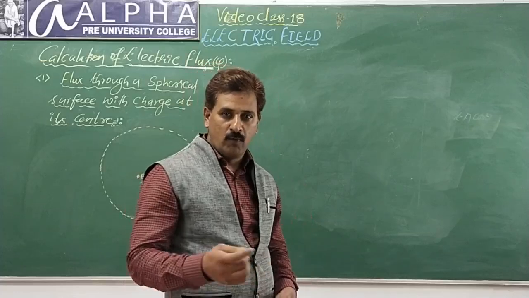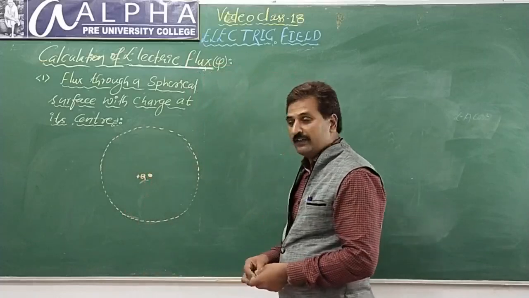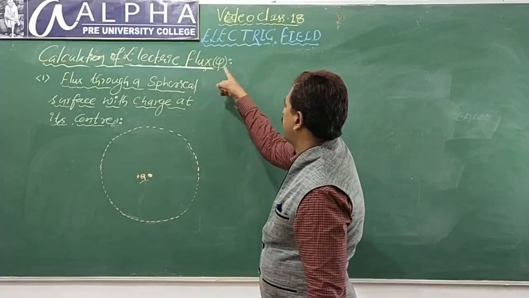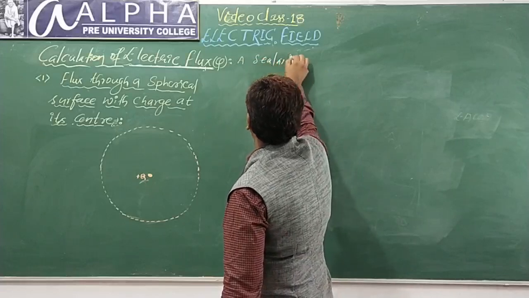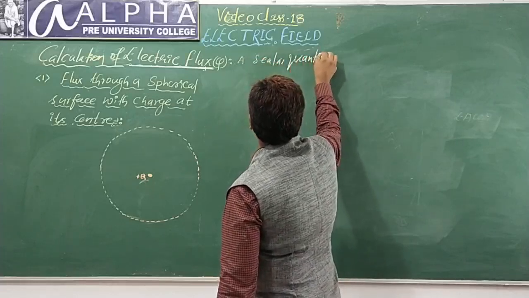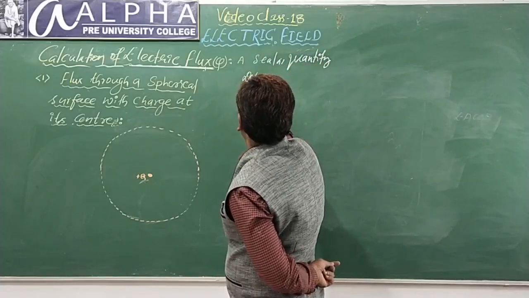Hello students, we'll move on with the same concept that we discussed in video 17, electric flux. Electric flux is a scalar quantity, a product of two vectors. And how did you define the electric flux?